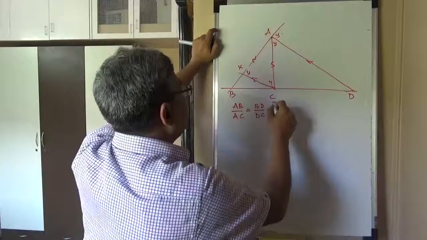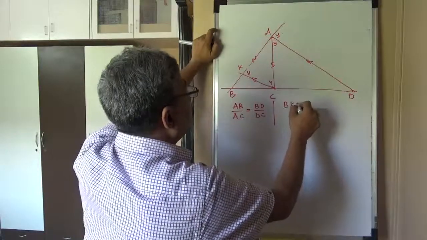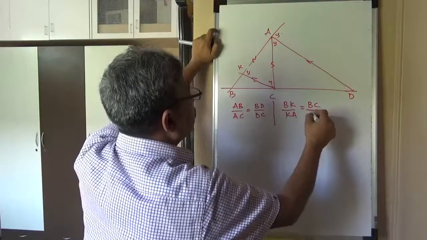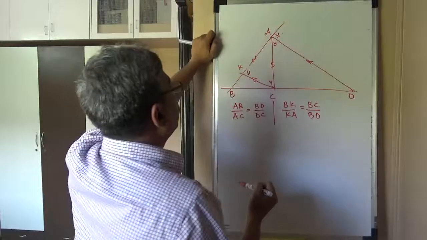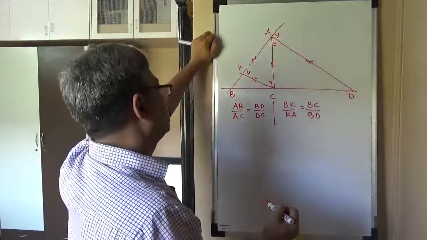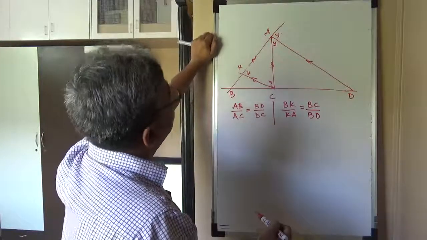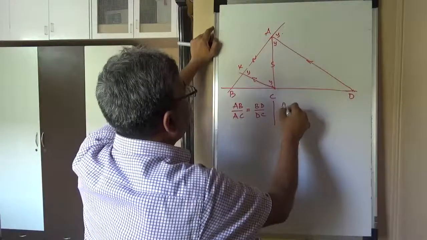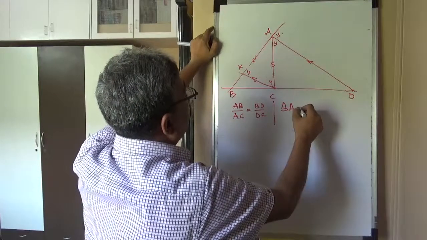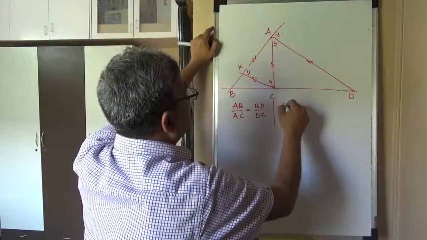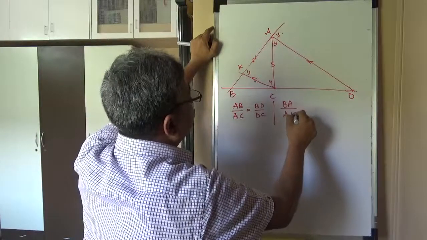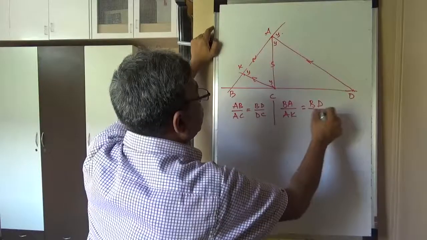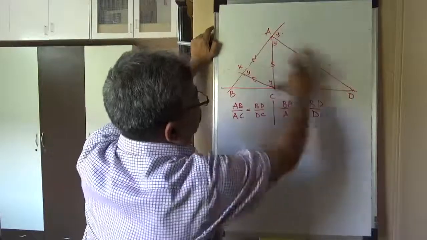What does BPT say? BPT says BA upon AK is equal to BD upon DC, because these two lines are parallel.